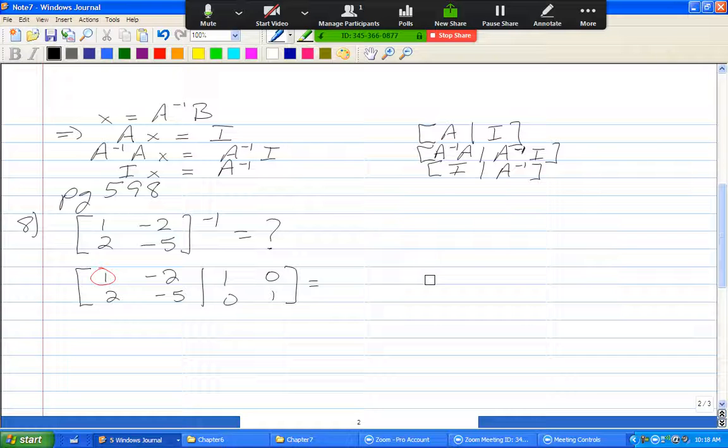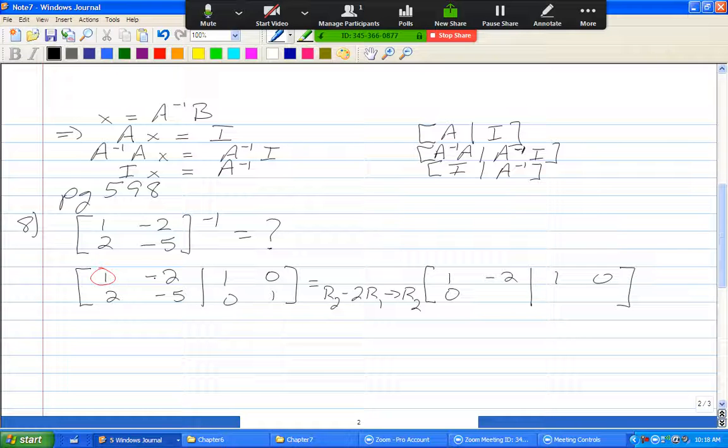Okay, so let me pivot this. So 1, negative 2, 1, 0. Let's take row 2, subtract from it 2 times row 1 to give me a new row 2. Okay, so 2 minus 2 times 1, 0.